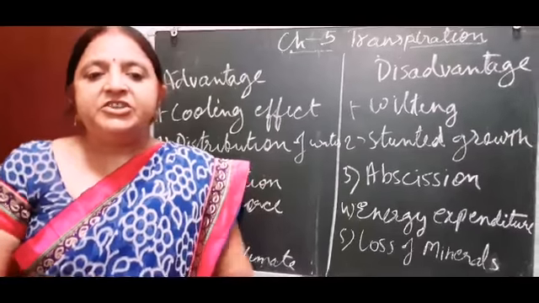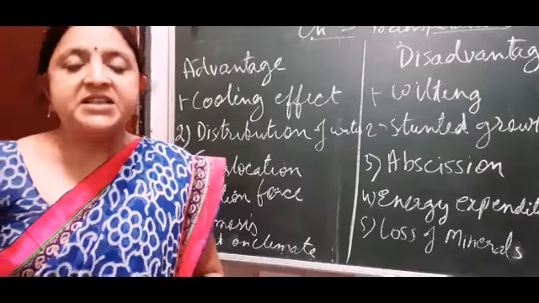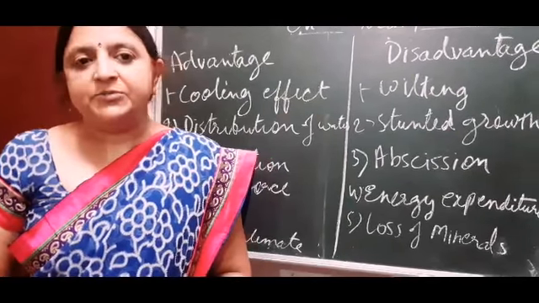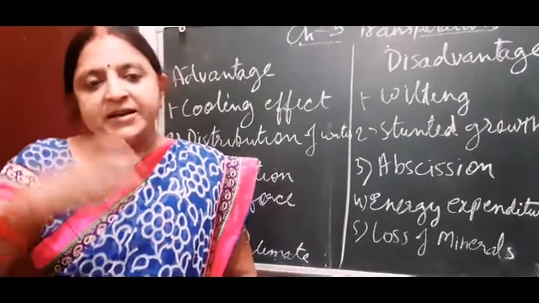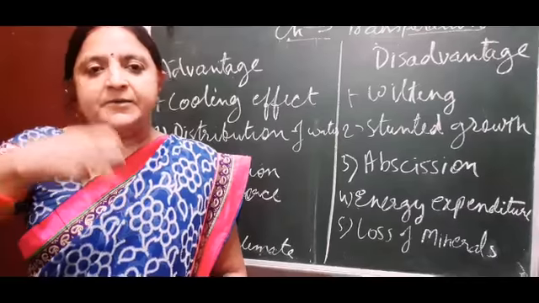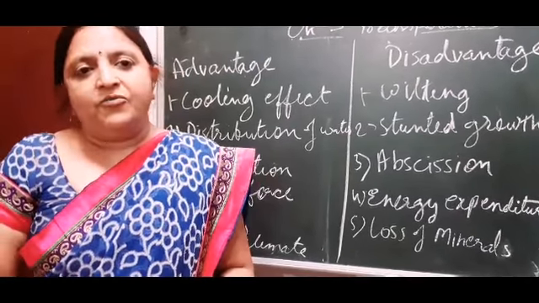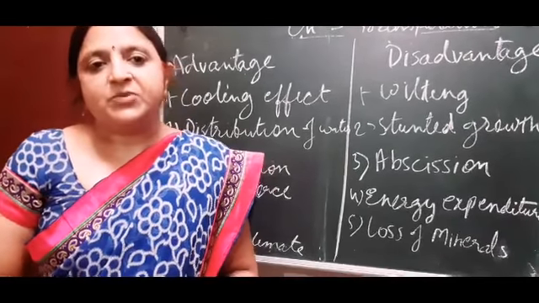The transpiration process distributes minerals and water to all parts of the plant body. This is called the distribution of water. Transpiration means it sucks the water, so that sucking of water distributes it to all parts of the plant body.